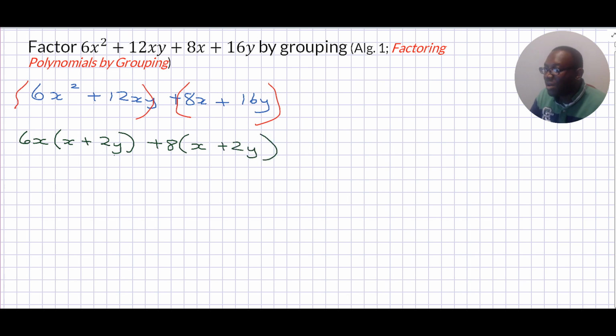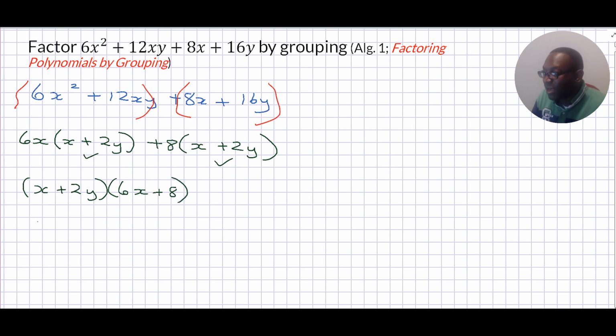So now we have rewritten this as a product of its factors. We can see that we have x plus 2y here, and x plus 2y here. So x plus 2y is our greatest common factor, and the other factor is going to be 6x plus 8.